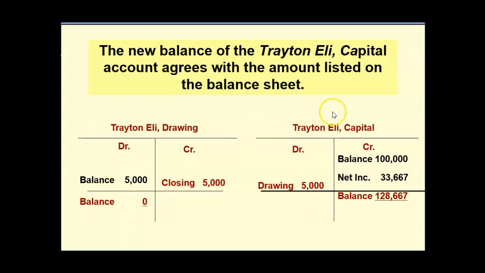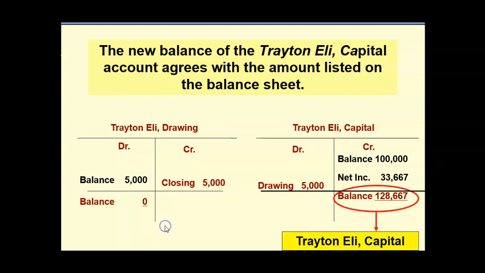Now notice that the capital account still shows a balance at the end of this process. And that's because the capital account is a permanent account. It's not temporary. And for your permanent accounts, their ending balance will transfer over to the upcoming accounting period. But if the account is temporary, like the drawing account, it's going to have a zero balance at the end of each accounting period. Okay?